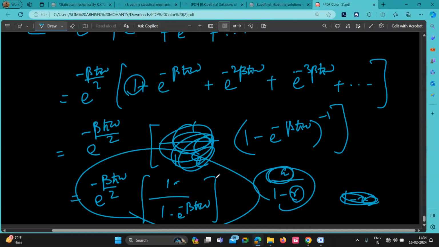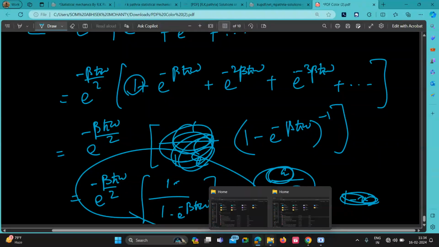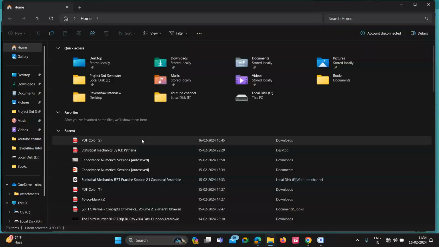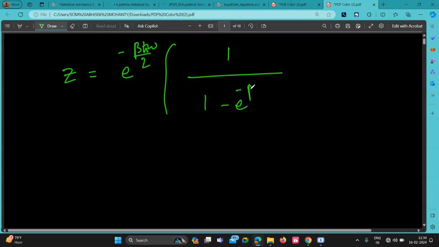I can extend it a bit. Just a second. So what did I get in the previous slide? I got z is equal to e to the power minus βħω by 2, times 1 by 1 minus e to the power minus βħω.